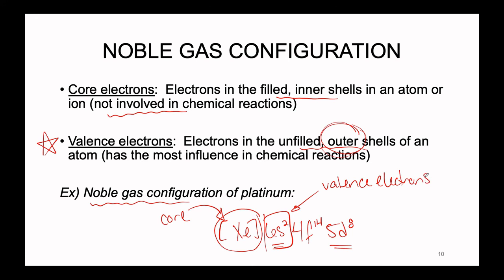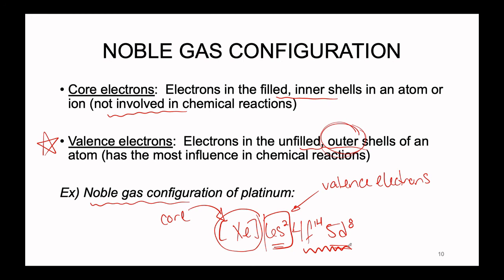Well, if the core is the xenon core, and the valence electrons, by technical definition and conventional standard, are the 6s2 electrons, what does that mean about the 4f14 and the 5d8 electrons? Well, these will sometimes also be referred to as valence electrons because they're technically not in the core. Sometimes they will be referred to as core because they're not super reactive.